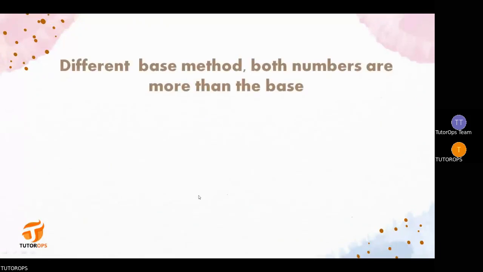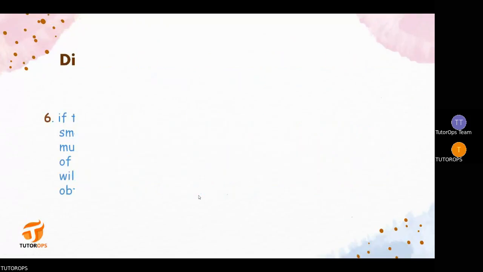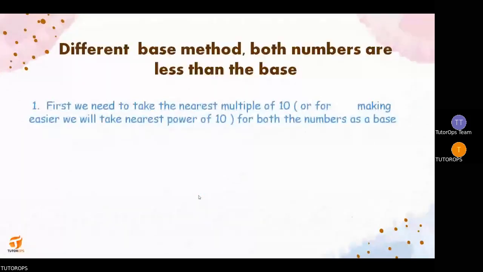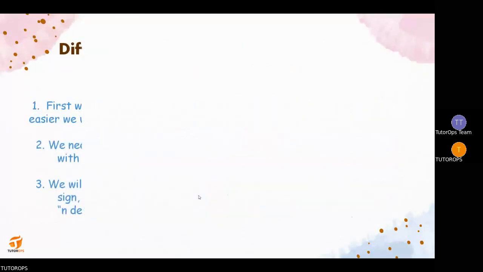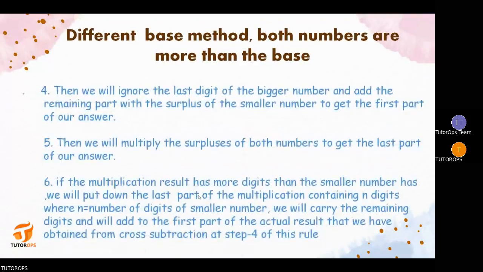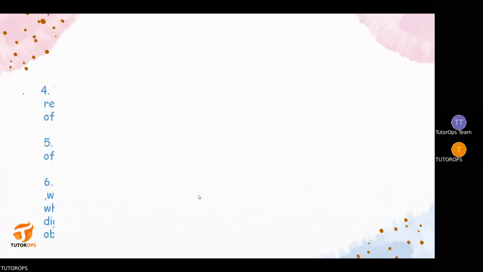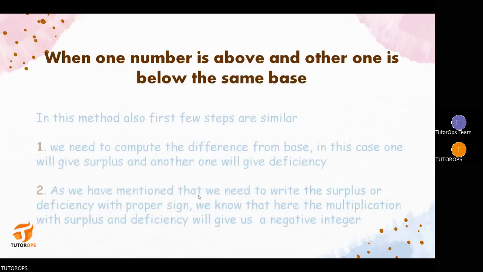Now, the different base method for both numbers which are less than the base. In this case also, the similar method will be followed. The exactly similar method will be followed. We will ignore the last digit of the bigger number, and here I need cross multiplication for the last digits of the numbers.